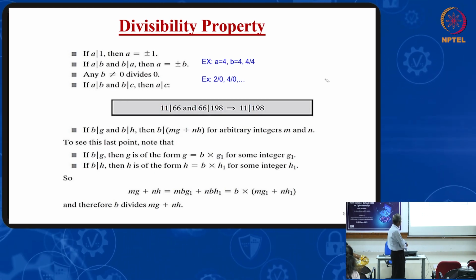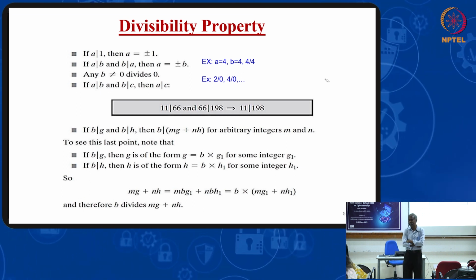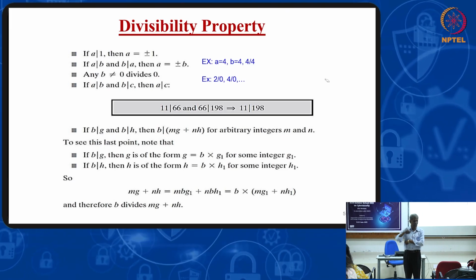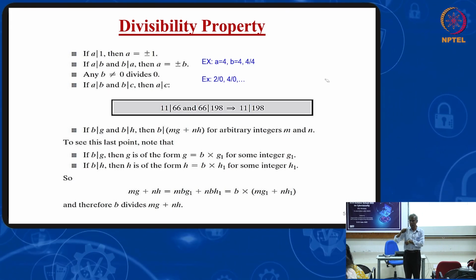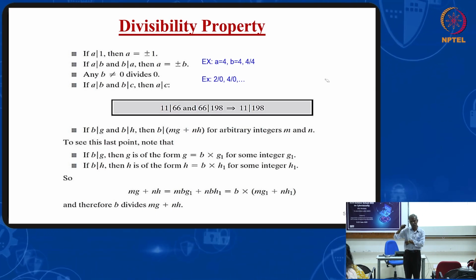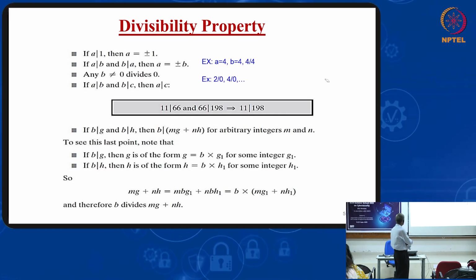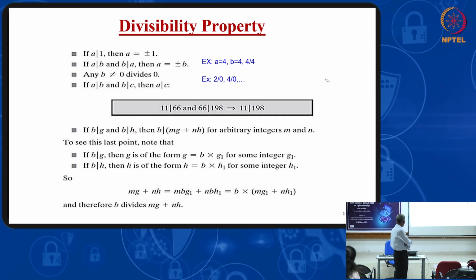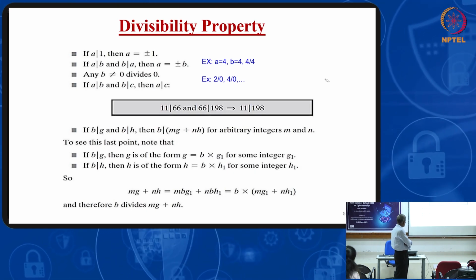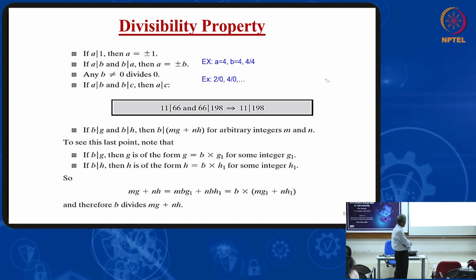B divides G means G is bigger, so G can be written as B into something. Similarly, if B divides H, then H is of the form H equals B into some H1.